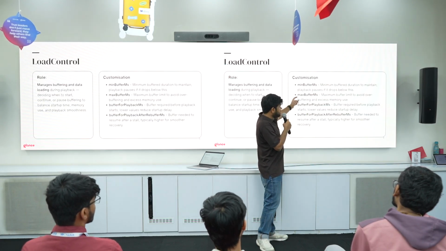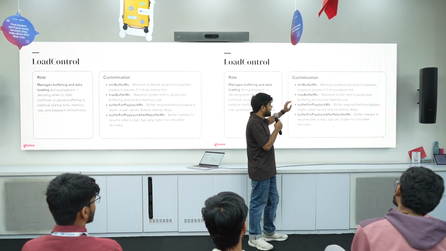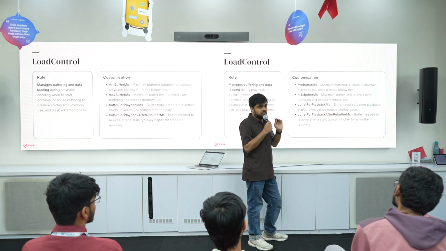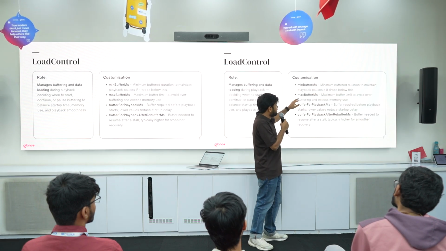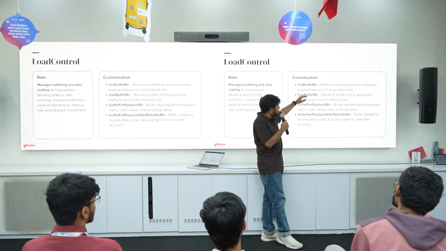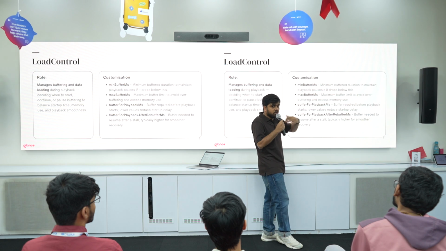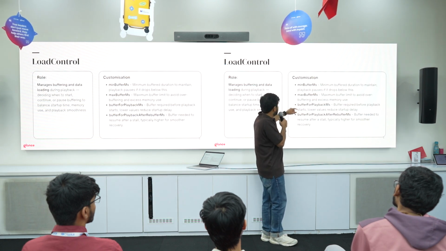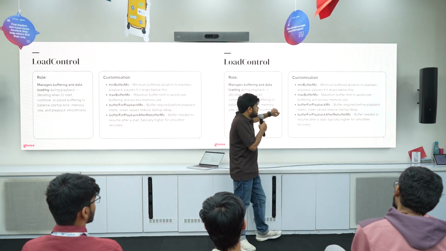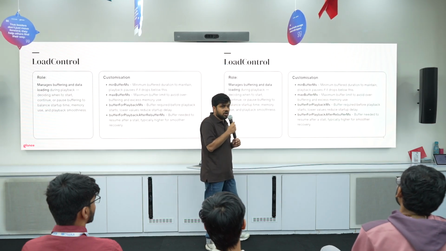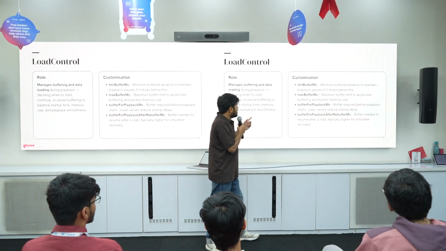One is min buffer. How much buffer needs to be maintained at a given point; if the buffer drops below that, the video playback will get paused, and it will wait for more streaming before continuing. Max buffer is to basically avoid over-buffering or using excess memory.